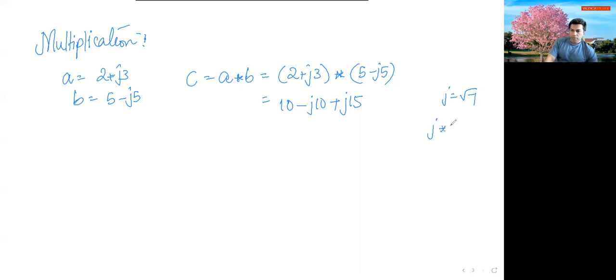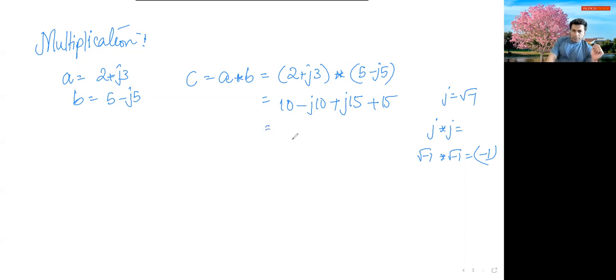So j times j is the square root of -1 times the square root of -1, which will be -1. So j times j is -1, and then you have a negative sign here, so it's going to become positive. So +1, j times negative j is +1, 3 times 5, 15. So that simply will be 15, right? 1 times 15.